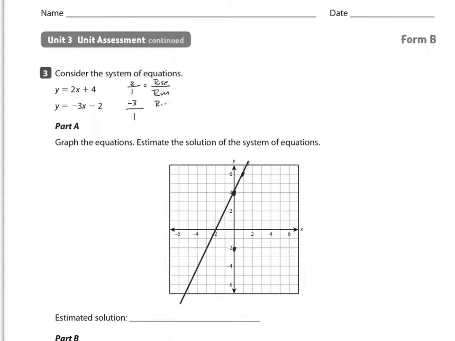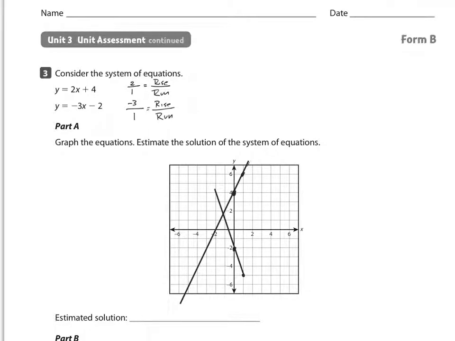That is your rise over run. So we're going to go down 3 units and 1 to the right. So our point is actually going to be a -5 and +1. And the only thing you need to do is connect the points.